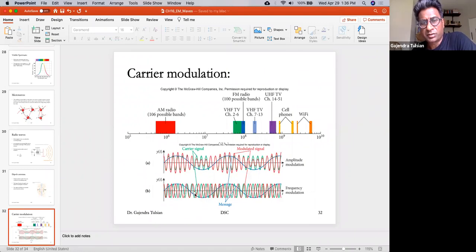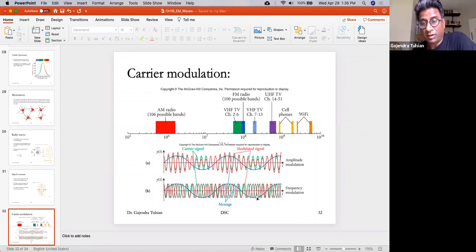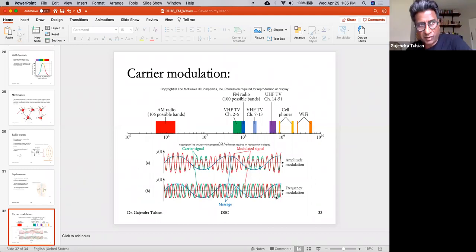The red signal you see doesn't have constant frequency. So that's frequency modulation. And the advantage is you have practically no interference with frequency modulation. The price you pay is you can't send signals as far. So you can potentially catch AM radio from New York, but you can barely catch FM radio from Orlando yet.